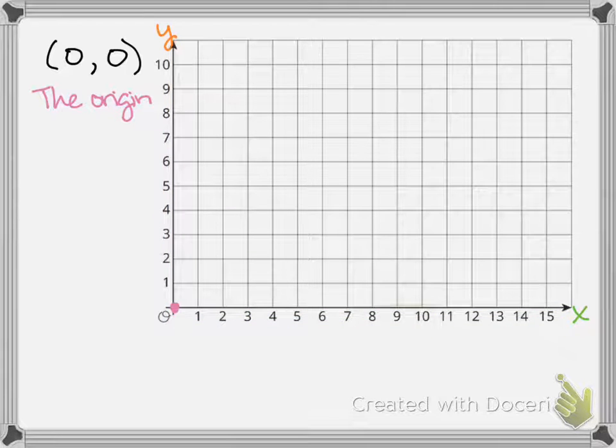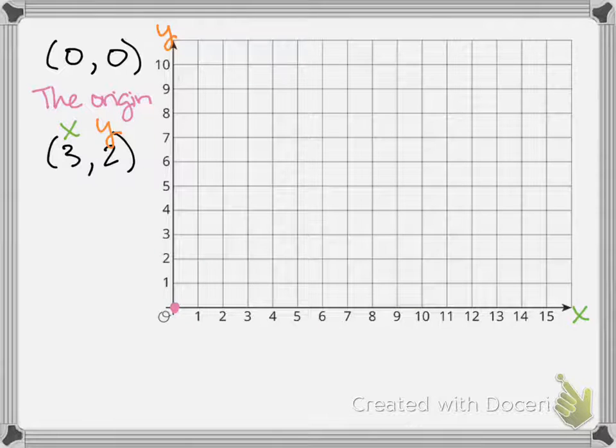So now that we've got that special point out of the way, we're going to plot some other points. Let's look at this point, (3, 2). The first thing that I like to do when I have ordered pairs or coordinates is I like to label my points. So my X number is the first number, and my Y number is the second number.